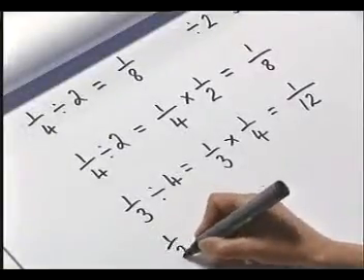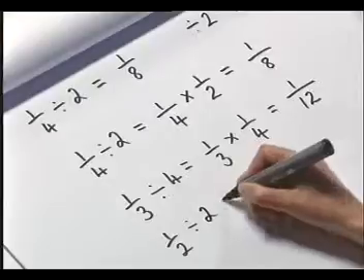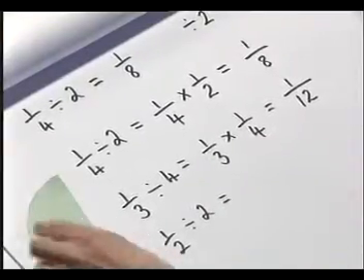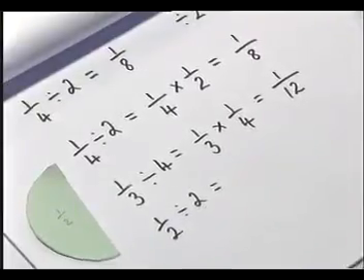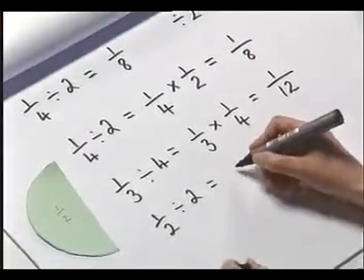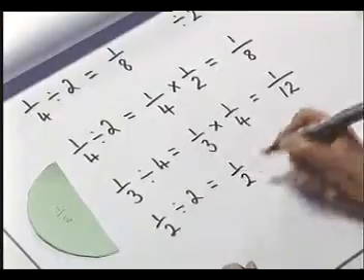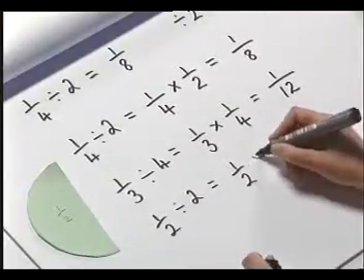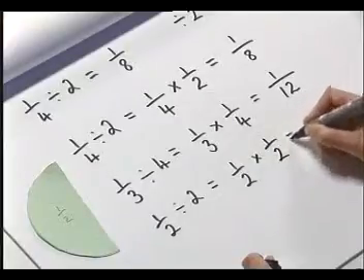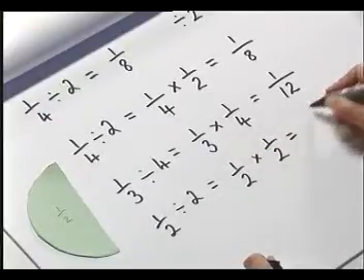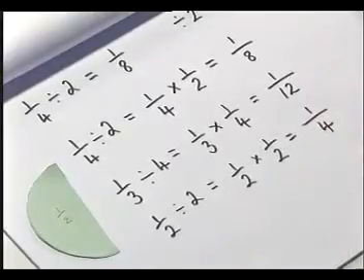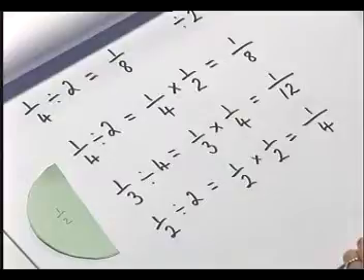Let's do a half divided by 2. Back to an easier one to see. There's our half, split it in 2, and we all know what we get. Well, let's do it. Divide by 2 is the same as multiplying by a half. A half times a half, 1 times 1 is 1, 2 twos are 4, a quarter, which is exactly what we expected. Cut a half in 2, and you get a quarter.